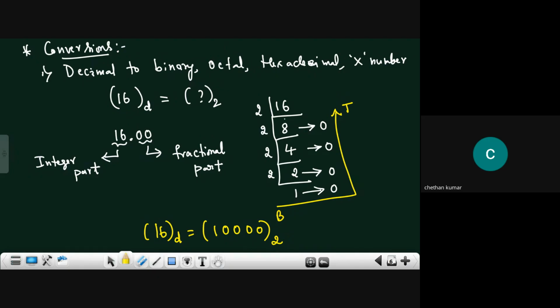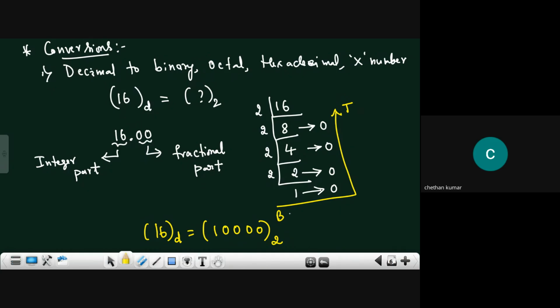See how many times I can divide? 8 times, right? The remainder I am getting is 0. Here 8, how many times can I divide? 4 times. Again 4 is divided 2 times. 2 is divided 1 time. Take all the remainders, I will get 0. Are you understood?